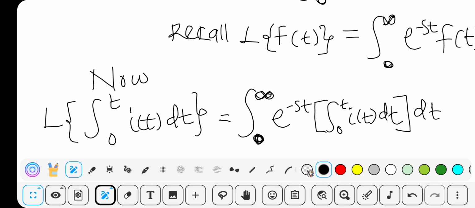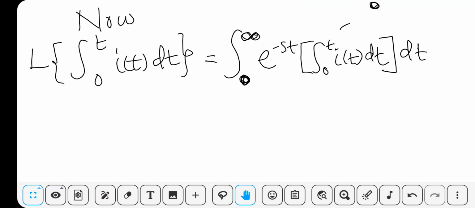Don't forget that this is F(s), and we can continue.